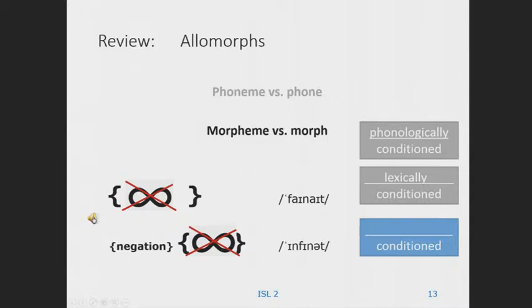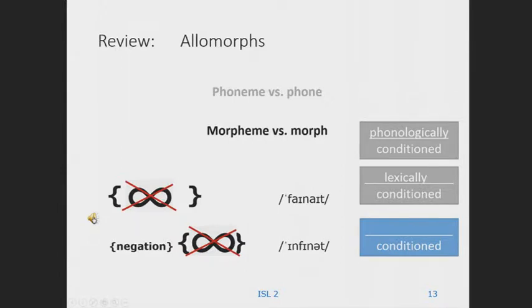And what happens with the third one? What happens if I add in to the word finite? What do I add? Well, in doesn't really add grammatical meaning. What kind of meaning does it add? Lexical meaning. It's a negation.